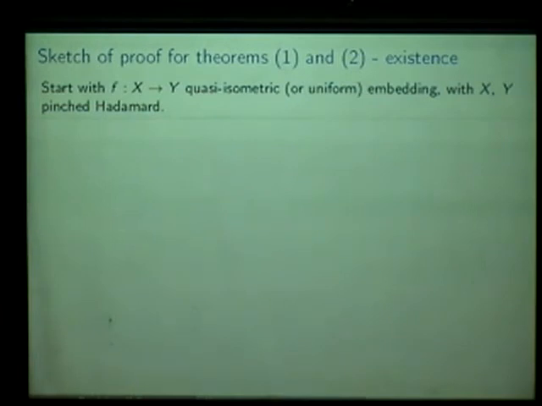So now what I want to do is give you a few ideas of how these theorems are proved, without going into any nasty details, I hope.